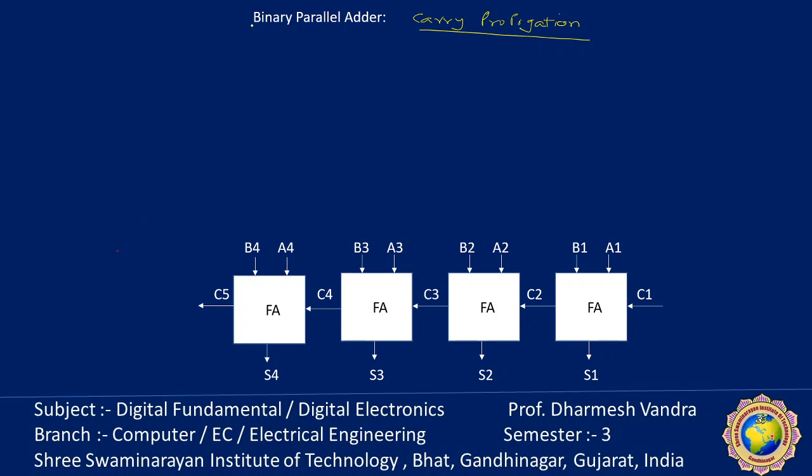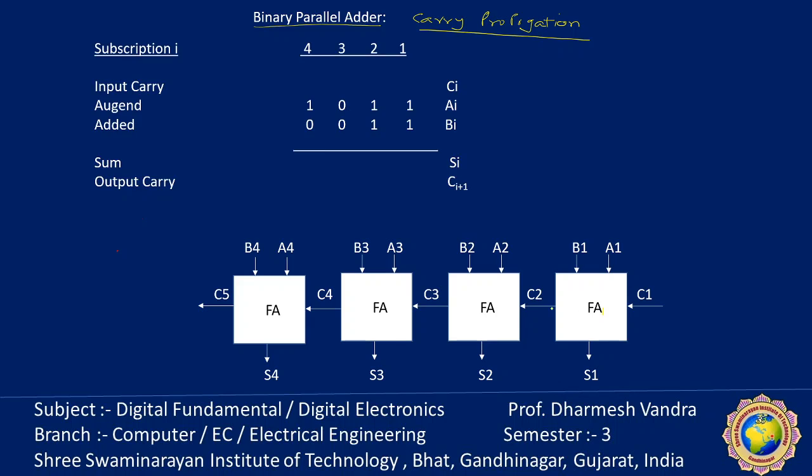As we discussed the 4-bit binary parallel adder in the last session, where four full adders 1, 2, 3, and 4 are connected in cascade. The addition of two binary numbers in parallel implies that all the bits are added at the same time.